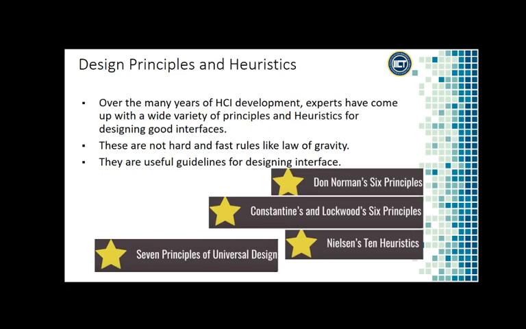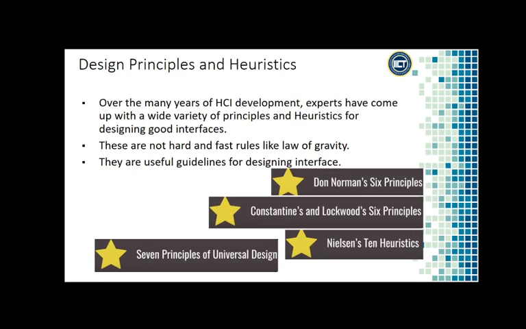Basically, Don Norman has a book named The Design of Everyday Things, which talks about these 6 principles, and they have recently added the 7th principle, which I will shed some light on later in this series of lectures.